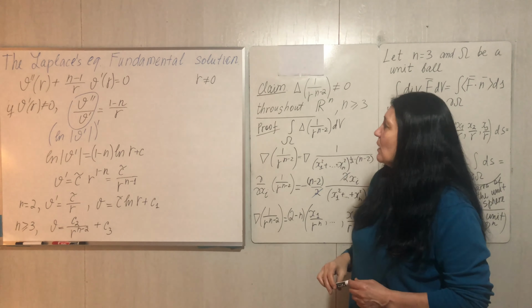Now let's call this vector f. To simplify the computations, let's consider a specific case. Let's assume that n equals 3 and omega is a unit ball. Let's use the divergence theorem, a special case of Stokes theorem.